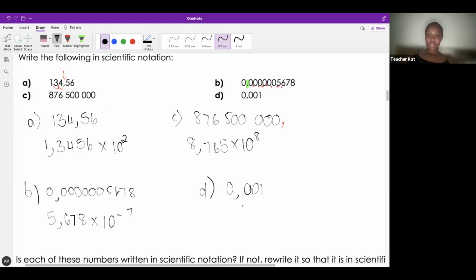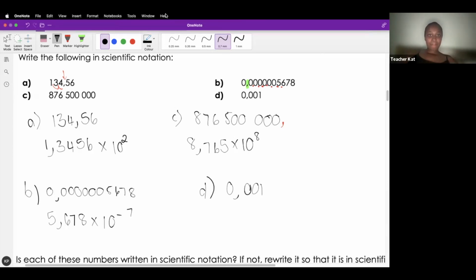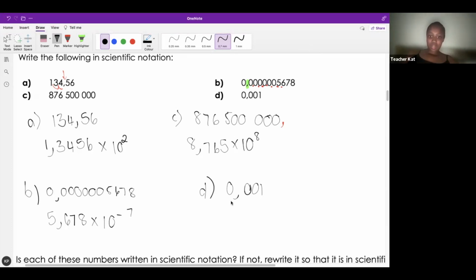Where do I want my comma? After the 1, okay? So it's not necessary to write 1, 0, guys. You can just write 1 if it's 1 digit. So I'm just going to write 1 times 10. Am I moving this left or right?